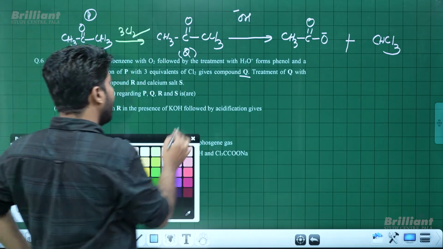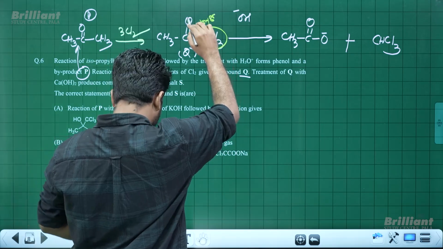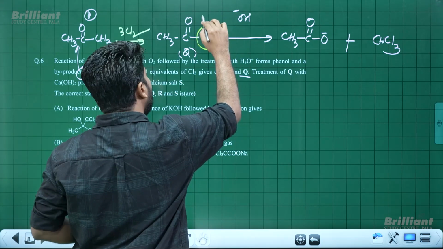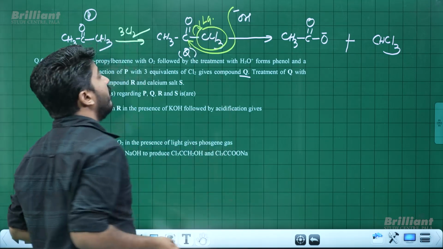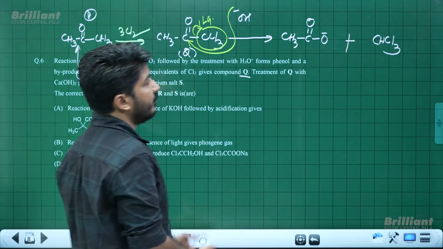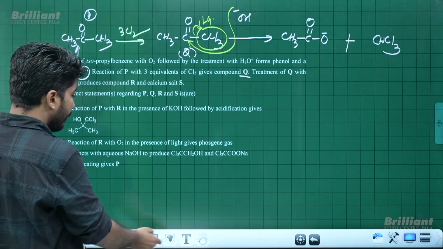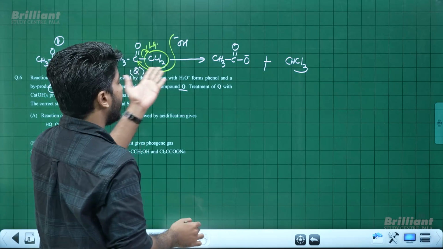You know that the CCl3 group is a very good leaving group. So the leaving group leaves, followed by OH minus attacking, and chloroform forms. So that is a product of hydroxide attack on this trichloro product, right?